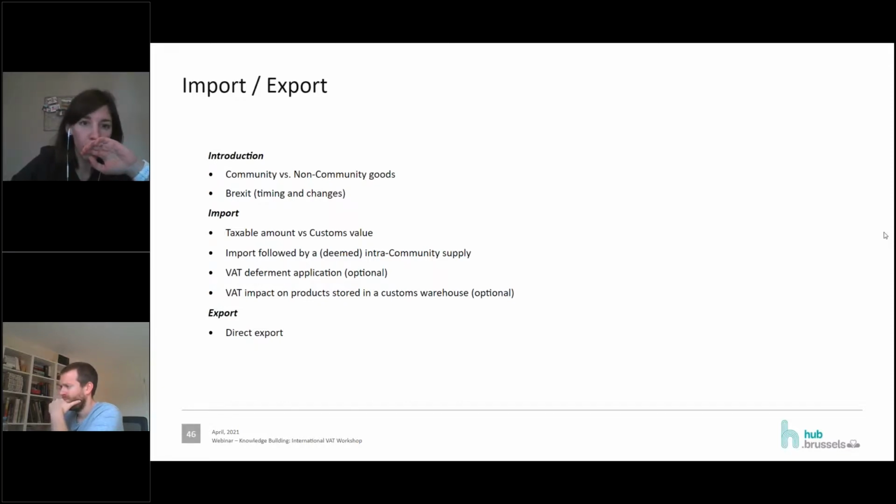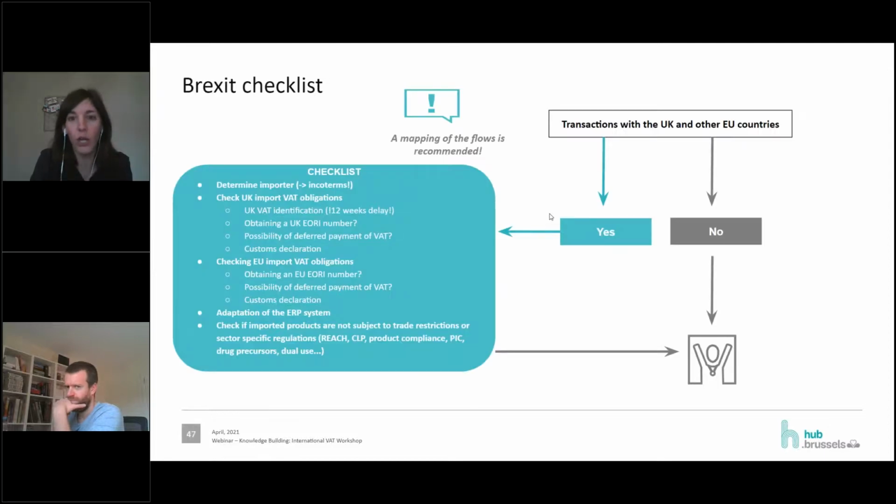And basically Brexit is certainly a good example where, since Brexit, UK is not part of the European Union anymore. So we are really shifting from an intra-community transaction qualification to now an export transaction.